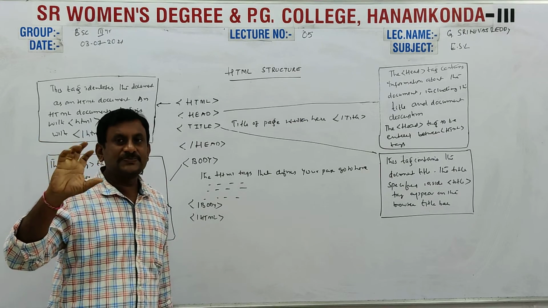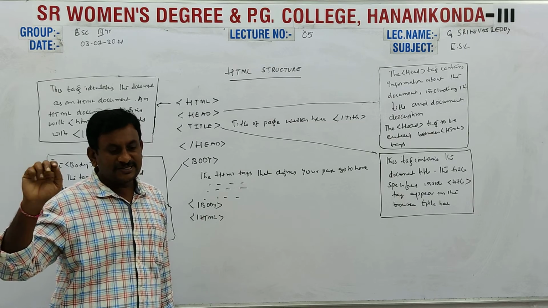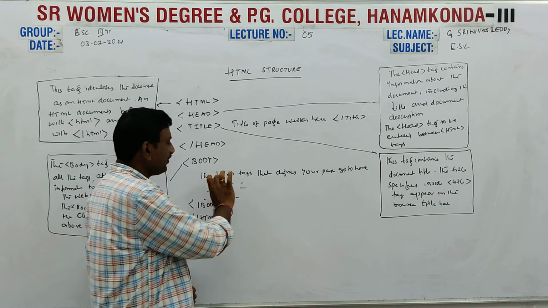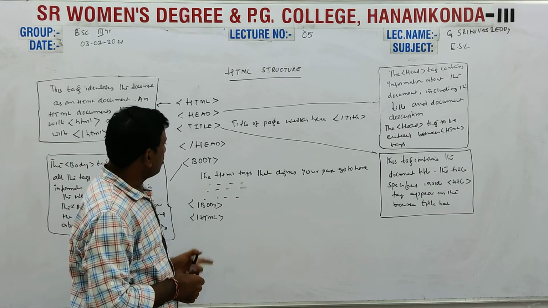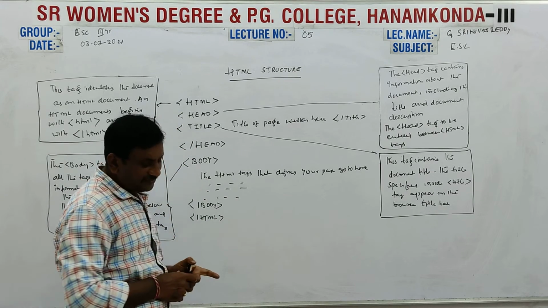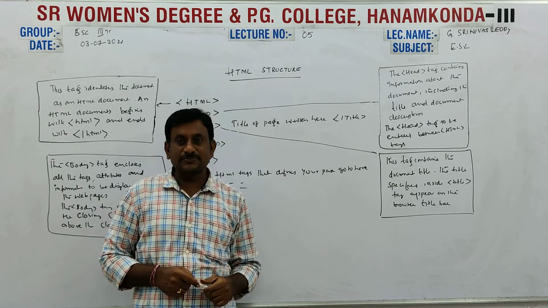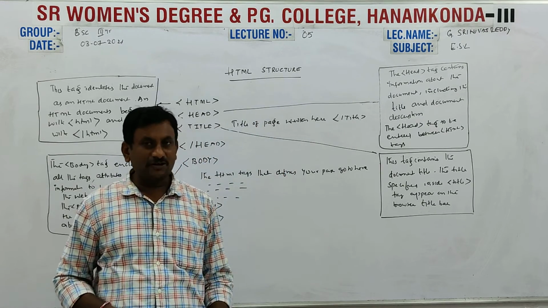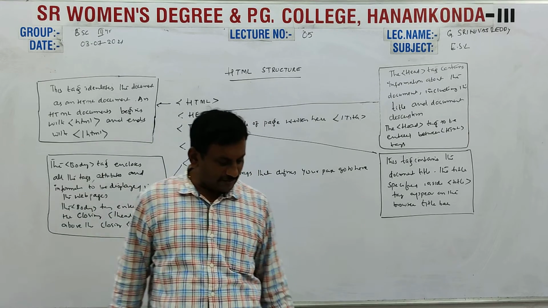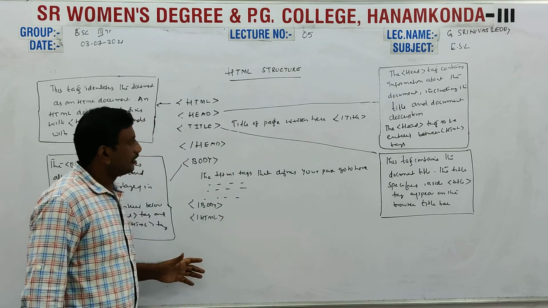The text will be displayed in different styles. That means tags working with text, written using different tags. That's called structure. Just as you follow a structure when writing a C or C++ program, similarly you follow a structure while writing HTML content.